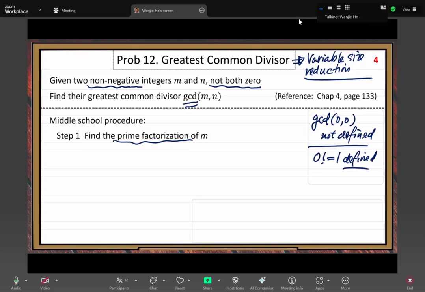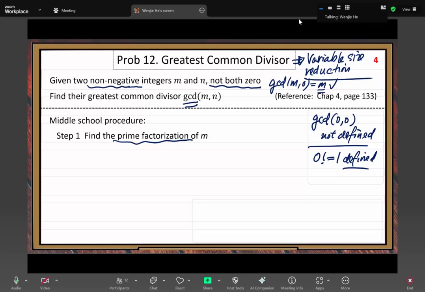If m is 0 or n is 0, then it is the other integer, not 0. GCD of m and 0 equals m. Sorry, not 0. Because if you look at the greatest, this m is the greatest. 0 is not as big as m, right? So n is the answer.